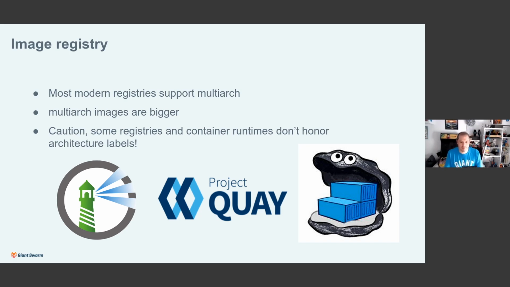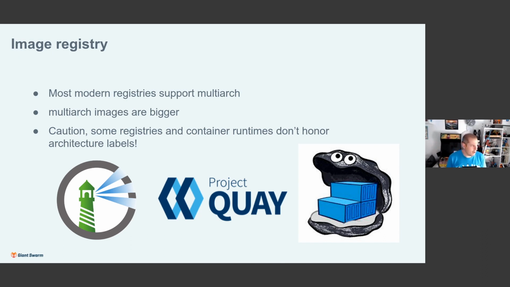Container runtime is the program that runs in the node that is actually running the container. And I've seen things that make me wake up at night. Like you say ARM, but it downloads an x86 image because whatever. All the container runtimes claim that they work with multi-arch, but I've seen issues.